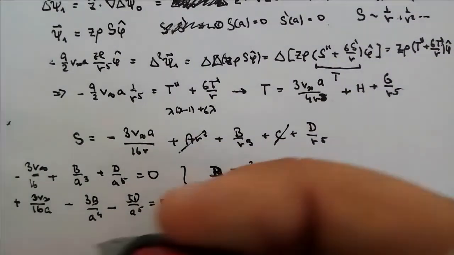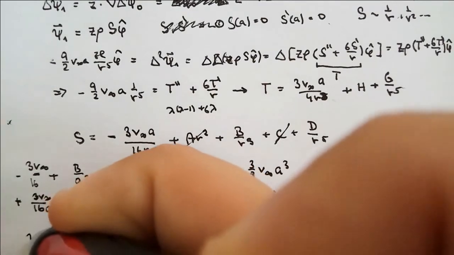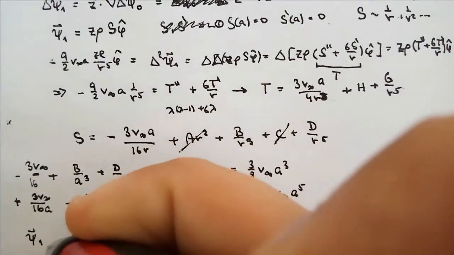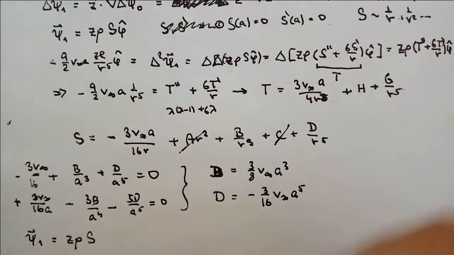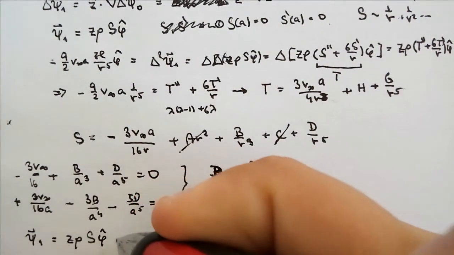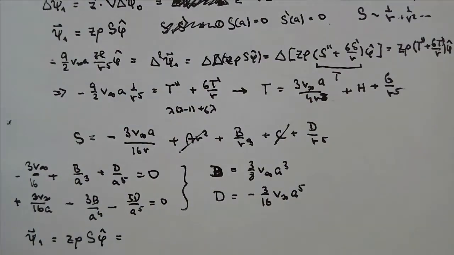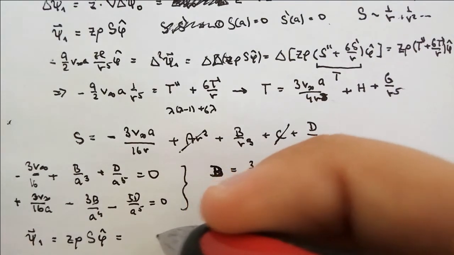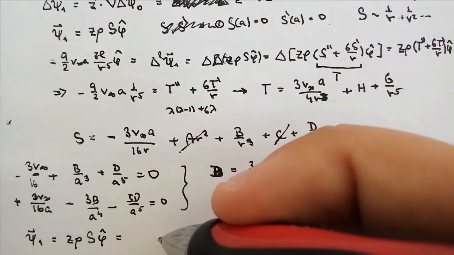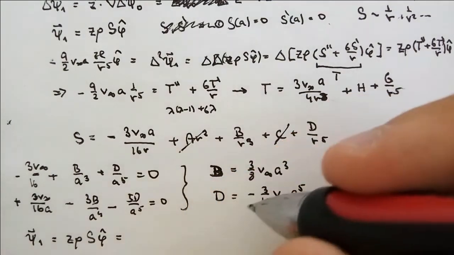So the solution for the psi 1 vector field is therefore, we have assumed this kind of solution, 0 as phi, and this solution is therefore 0. Yes, it can be simplified, but I will write it down.